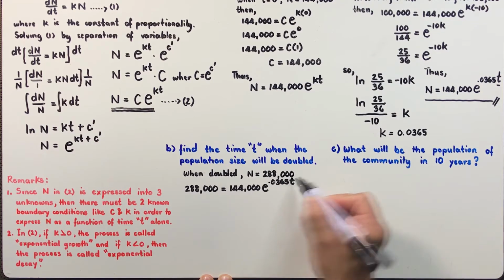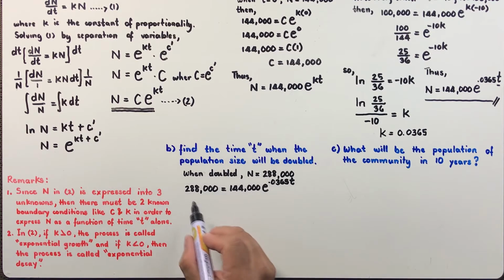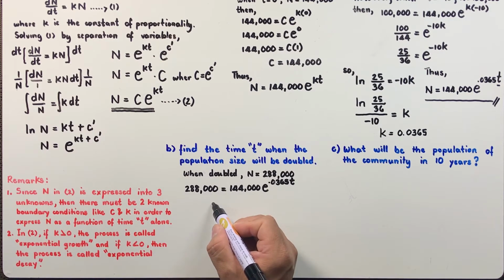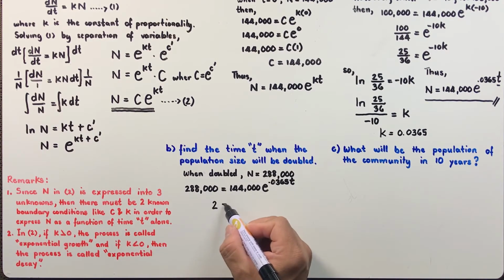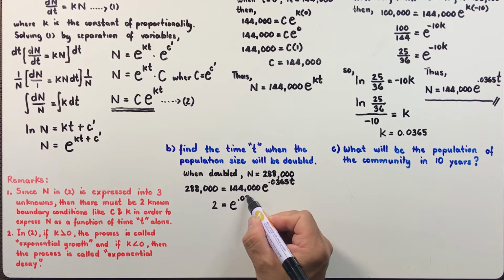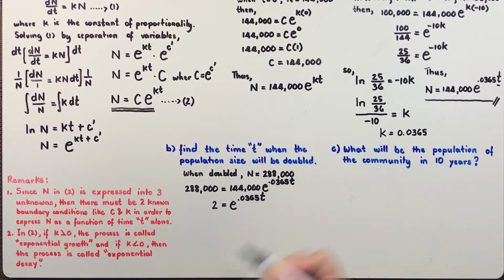So dividing both sides of the equation by 144,000, we have 288,000 divided by 144,000, and the quotient is 2. So 2 equals e to the power of 0.0365t.